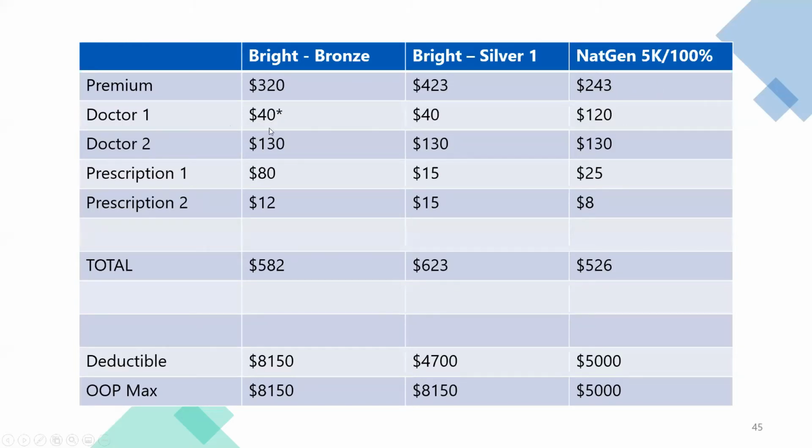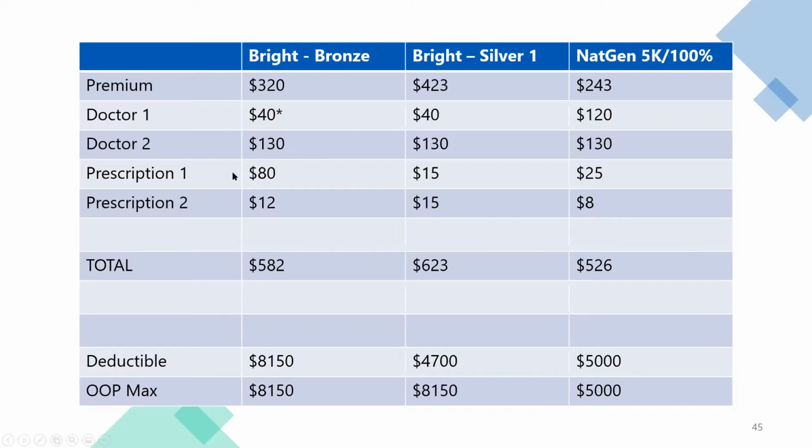With the doctors, we were capped at 3 visits on the bronze plan, unlimited visits at a $40 copay on the silver, and about $120 per visit with National General. Doctor 2 was basically full price for a specialist, the same for Bright. To see the therapist, it was full price, and the same for National General.